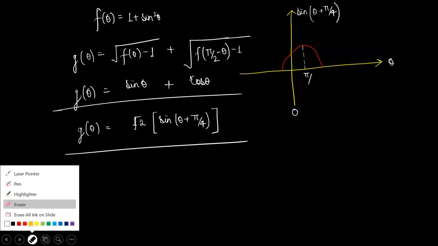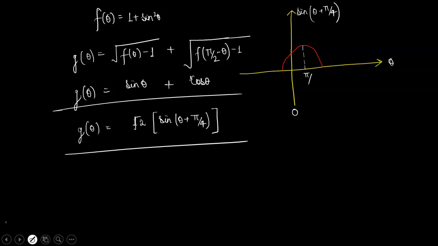because at pi by 2 we will have the maximum value of sine, so at theta equal to pi by 4 we will have the maximum value of sine. Fine. So at theta equal to 0 we will have the minimum value, since this is minimum, and at theta equal to pi by 4 we will have the maximum value.